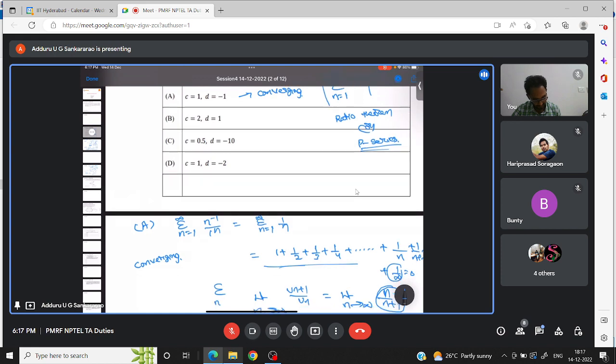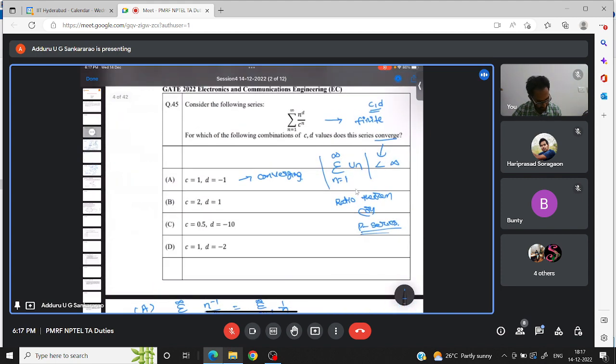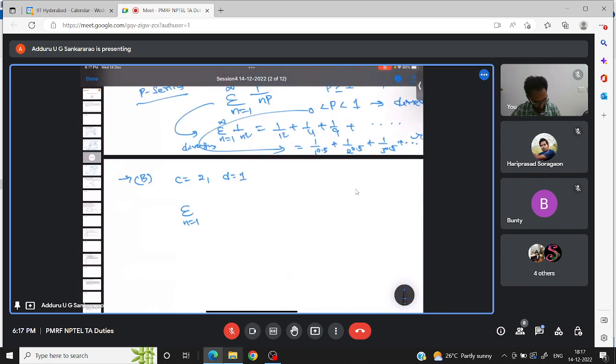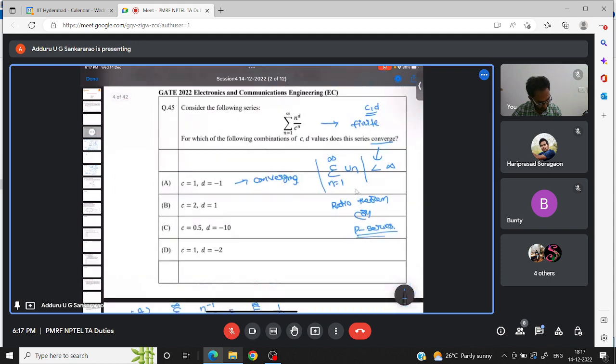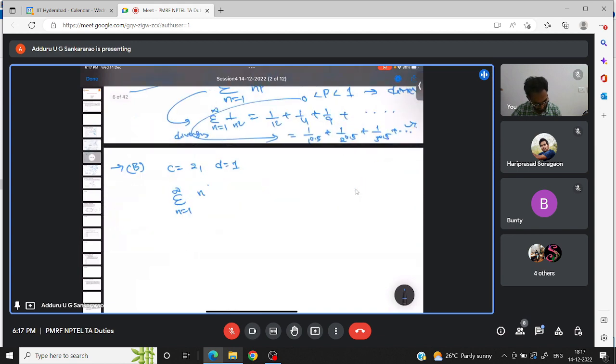Now we see the second one, option B, c equal to 2 and d equal to 1. So what we get is sigma n equal to 1 to infinity of n power d by c power n, which equals sigma n by 2 power n, n equal to 1 to infinity.